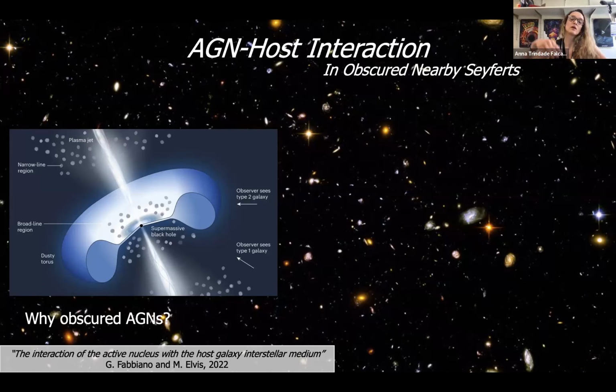As we can see here, when we look at this AGN, we are seeing it through the torus, and this leaves the outflow bicones lying close to the plane of the sky, which maximizes the projected extent.